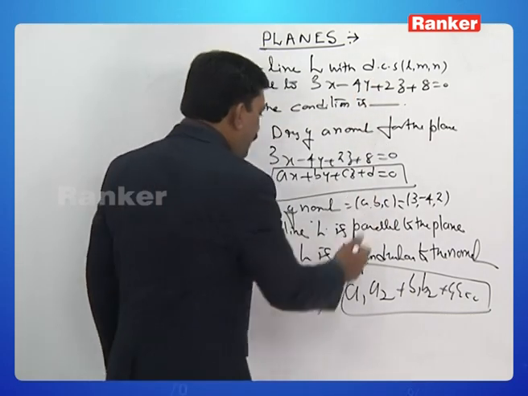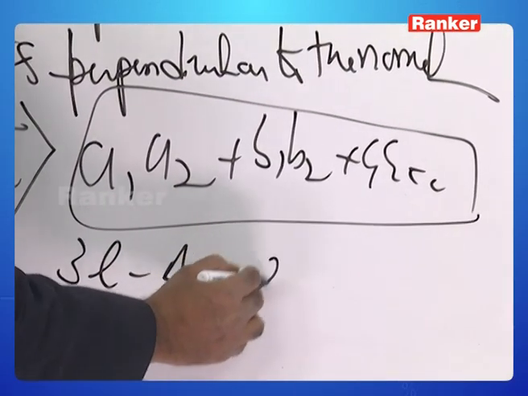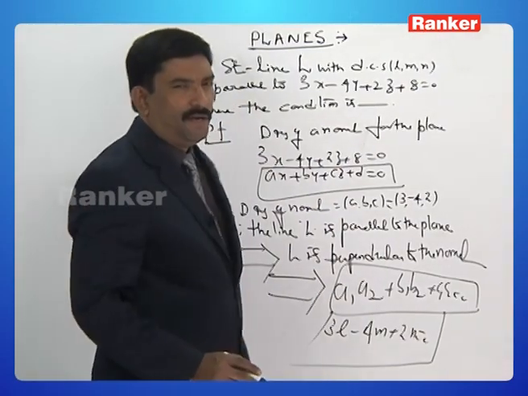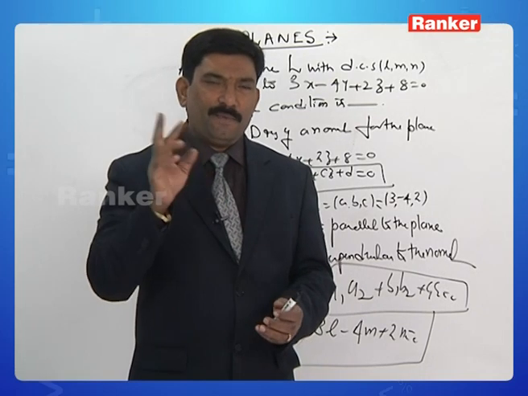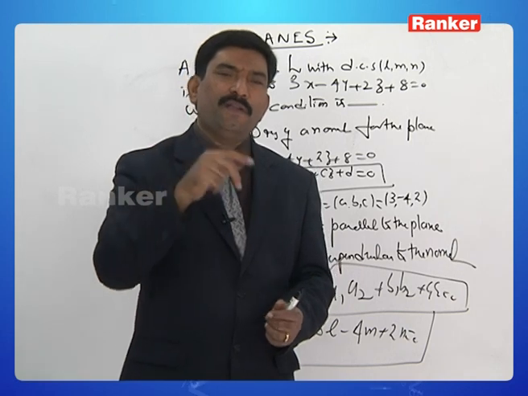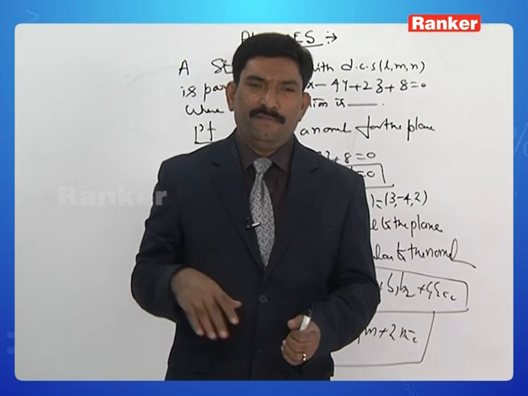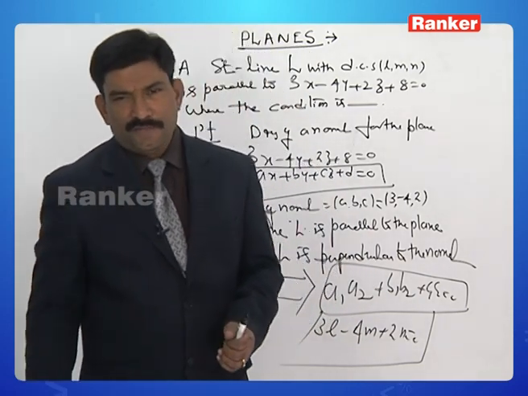I can take a1a2, 3l minus 4m plus 2n equals 0 as the relevant condition for the line having DCs l, m, n to be parallel to the plane. It is quite obvious it is perpendicular to the normal. Therefore, a1a2 plus b1b2 plus c1c2 is equal to 0.